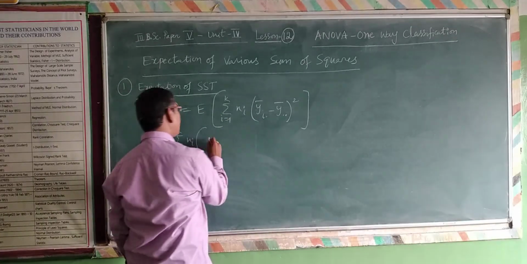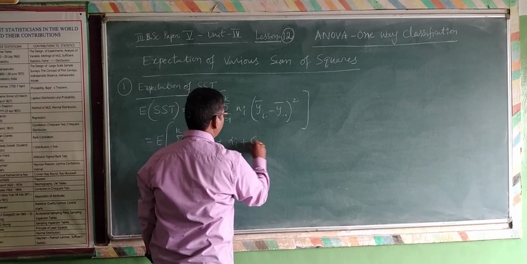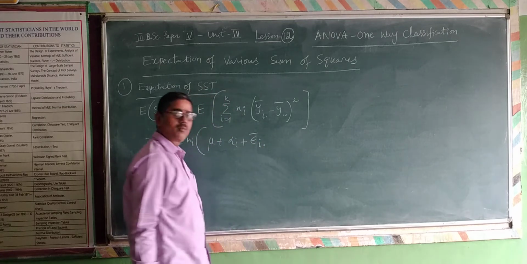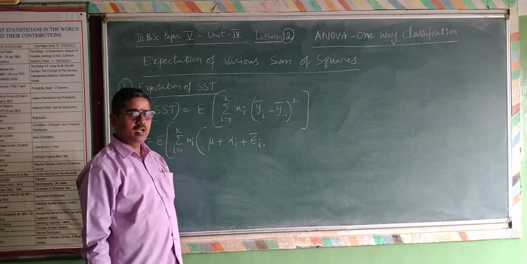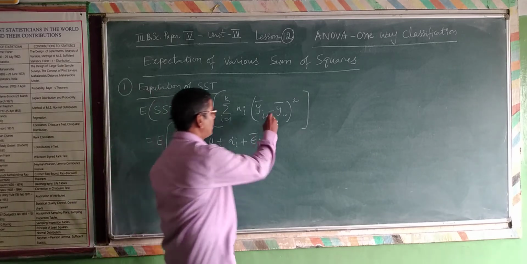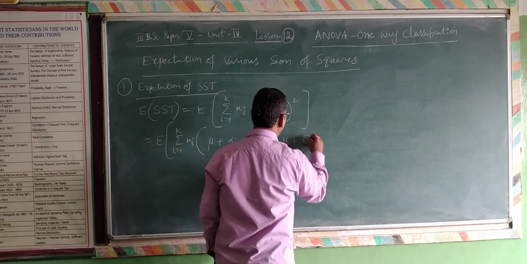Y bar I dot is mu plus alpha I plus epsilon bar I dot, which is easy to remember, and y bar dot dot is mu plus epsilon bar dot dot.